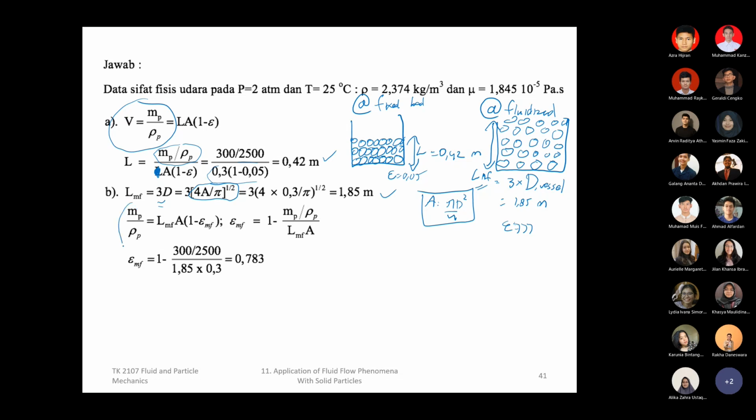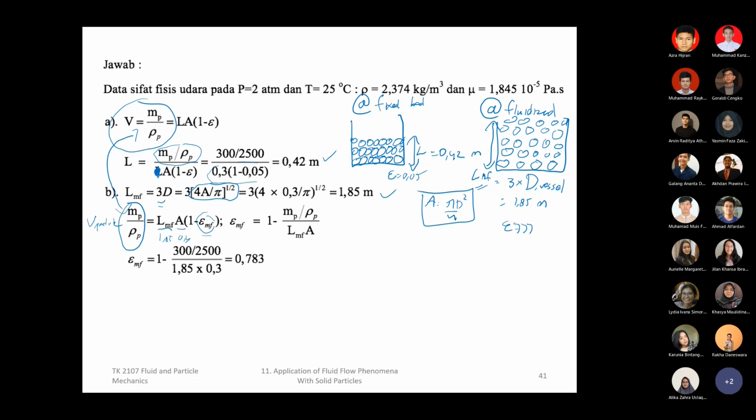And again, this is now the volume of the particle, because that's the same formula, right? It still can be considered as the surface area times the length of the minimum fluidization. Now we know this is actually 1.85, and we know that the area is still 0.3, but the epsilon MF now changes.